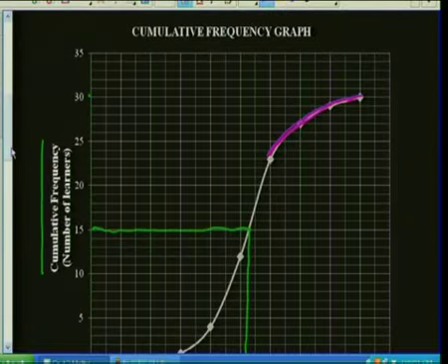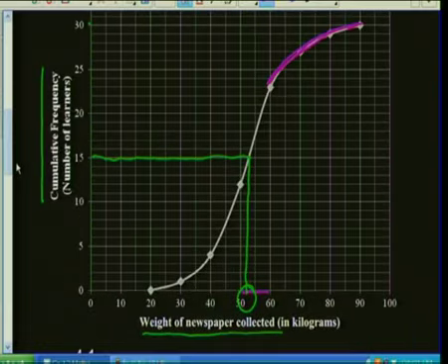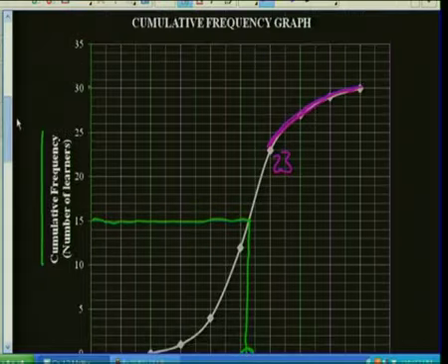You read that value. Read off 60. If I read off 60, I get 23. And if I read up at 90, I get approximately 30.